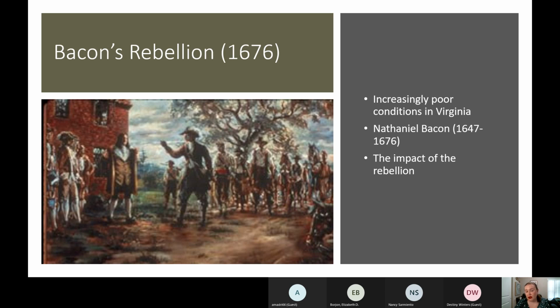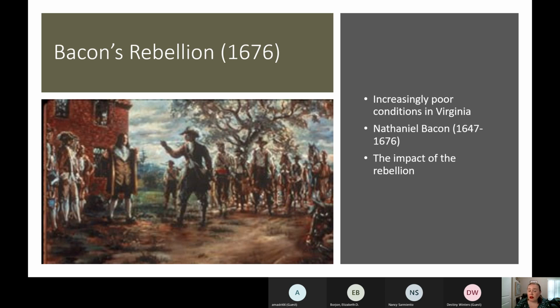The right to vote was restricted only to landowners starting in 1670. And Governor William Berkeley, the governor of the Virginia colony, very clearly had his favorites among the wealthy elite and passed policies that further benefited elite landowners.